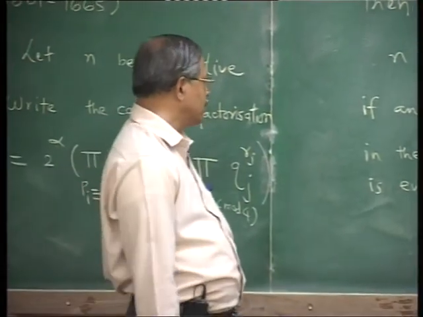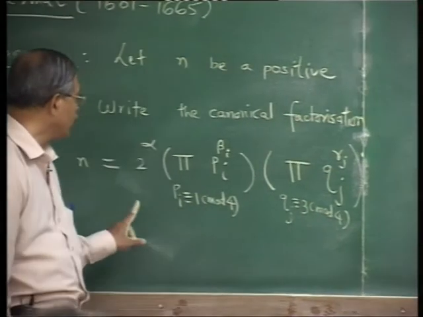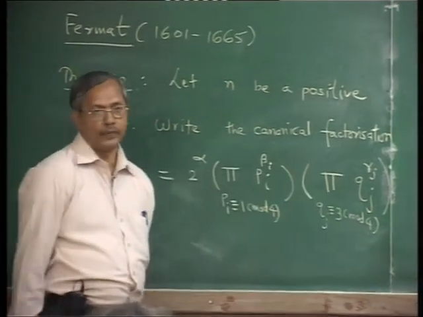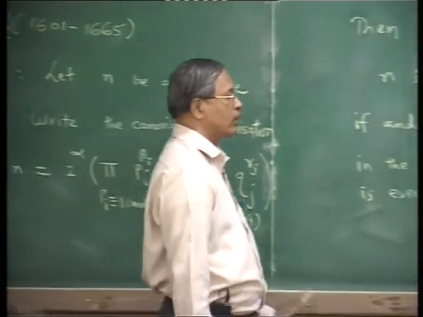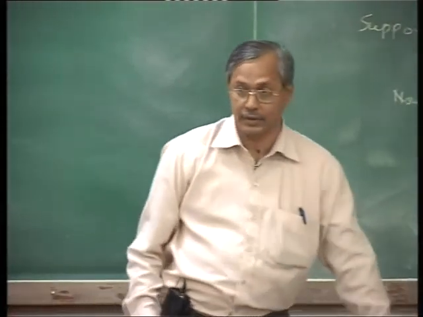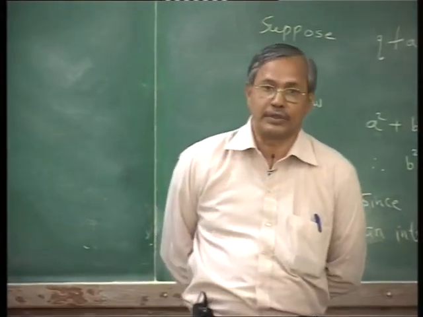In other words, the primes of the form 4k plus 3 which appear in the canonical factorization of n appear with even power. They cannot occur singly, because they are the obstructions. They themselves cannot be written as sums of 2 squares.